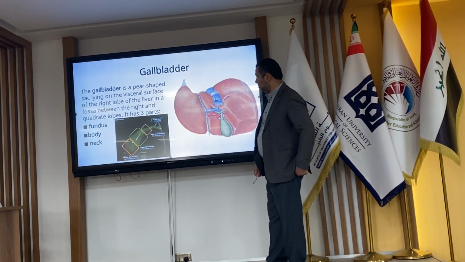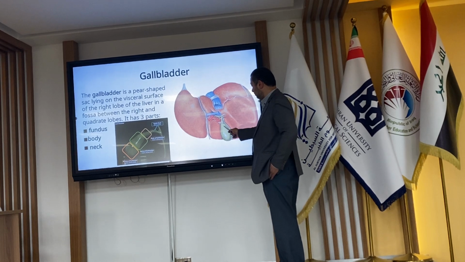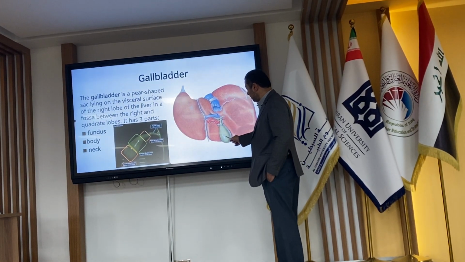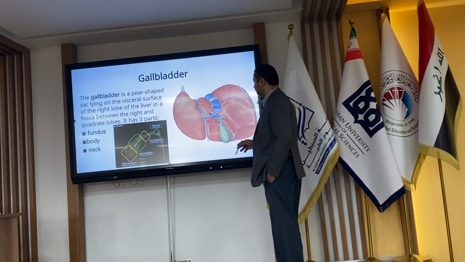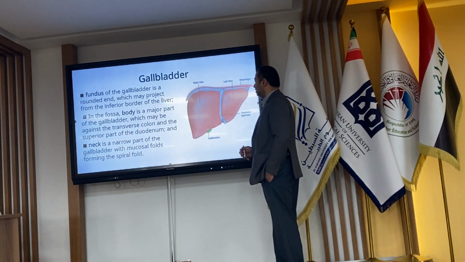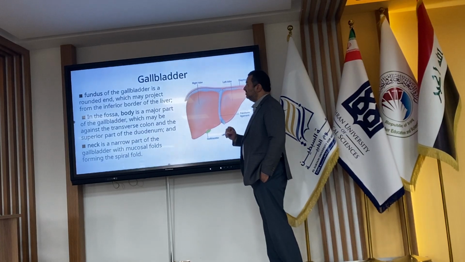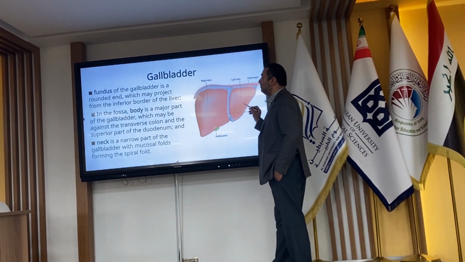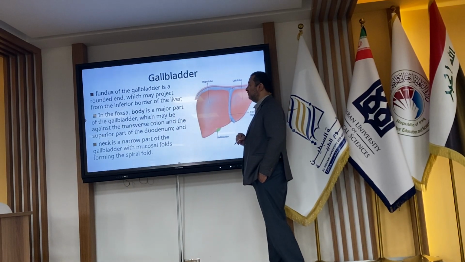It has three parts: fundus, body, and neck. Here is fundus. Fundus of the gallbladder is a rounded end which may project from the inferior border of the liver.